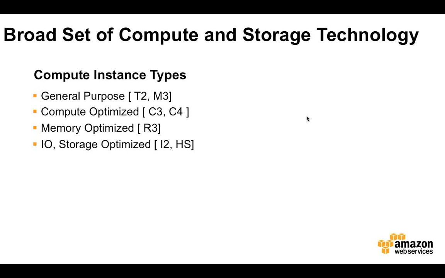You have the different families of instances, general purpose. If you need more compute, there is compute optimized. If you need more memory, for example, if you would like to run a database or an in-memory database, you typically need more memory when compared to compute. We have instance families that are tailored for this need.